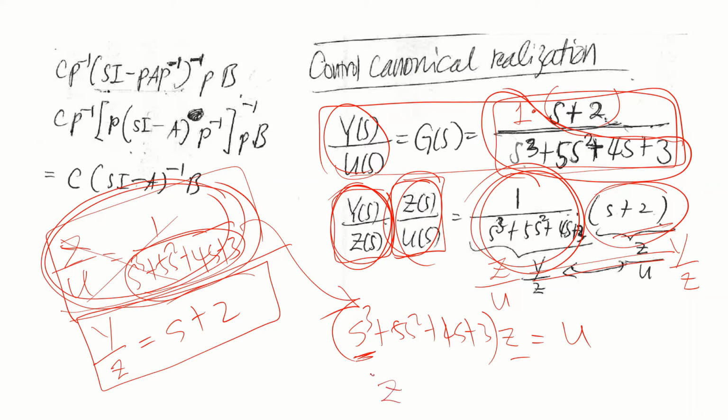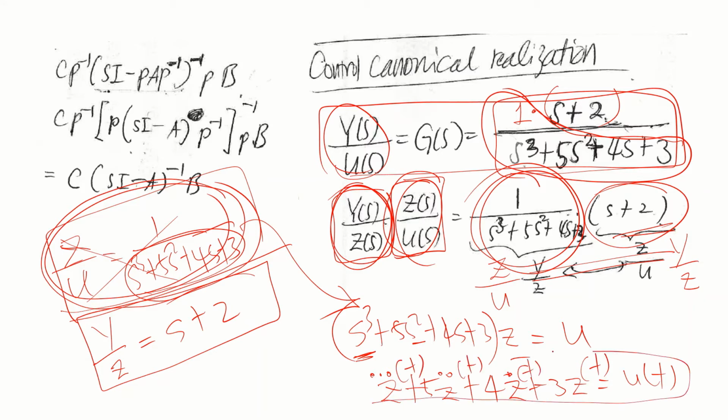So that's z triple dot, and 5 z double dot, 4 z dot, 3 z is u of t. So they are now all in the time domain. So we have the differential equation that corresponds to this transfer function z over u.